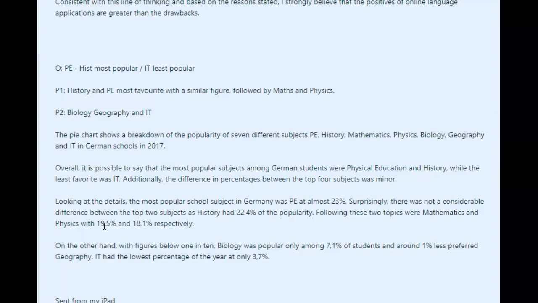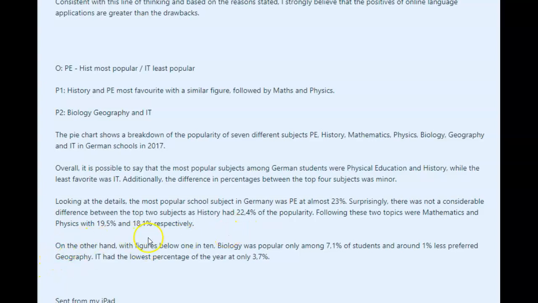Yes, physics with 18.1%. And then you could maybe say that these 4 top subjects accounted for, what is it? I have to do some math here, don't I? About 80% of the overall popularity, or whatever that figure is, okay? So you could do something like that, and these are things that really kind of stretch it out and give a little analysis to it, okay?